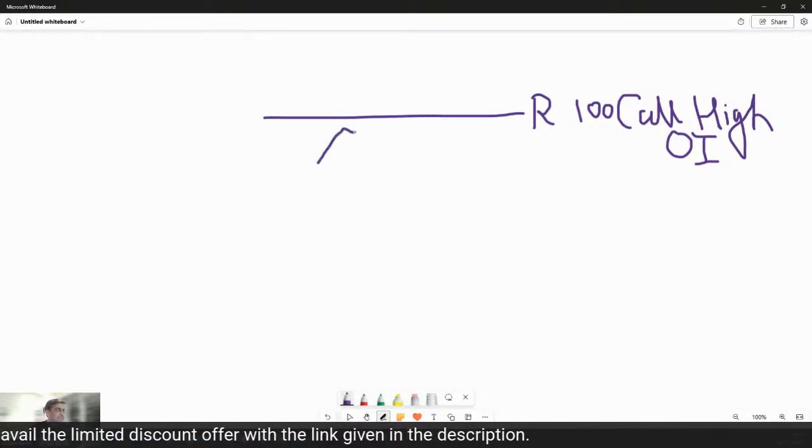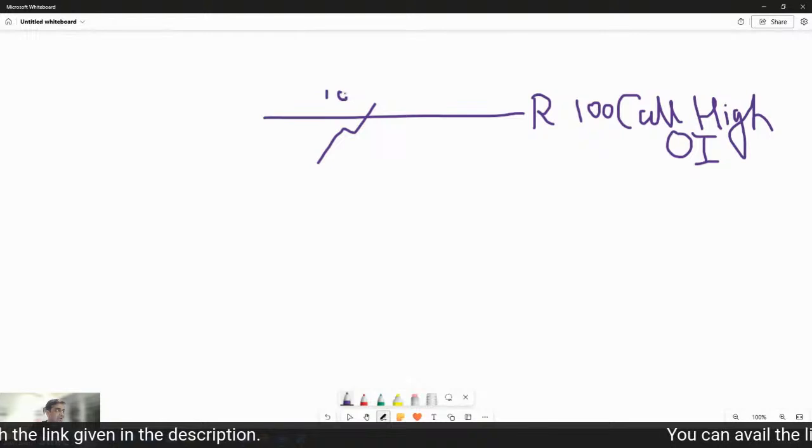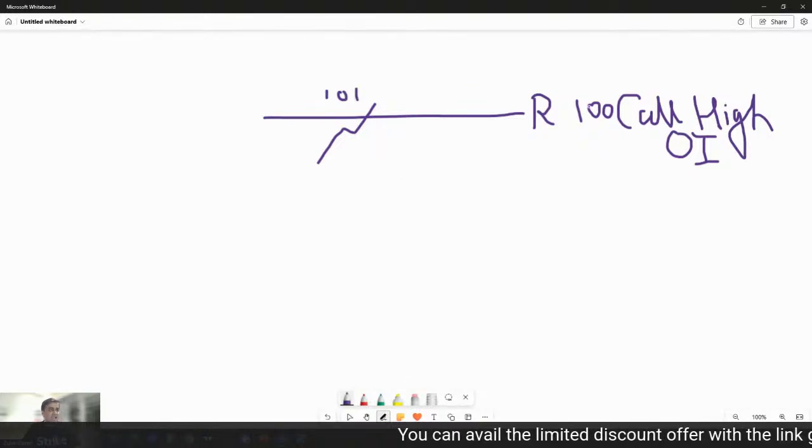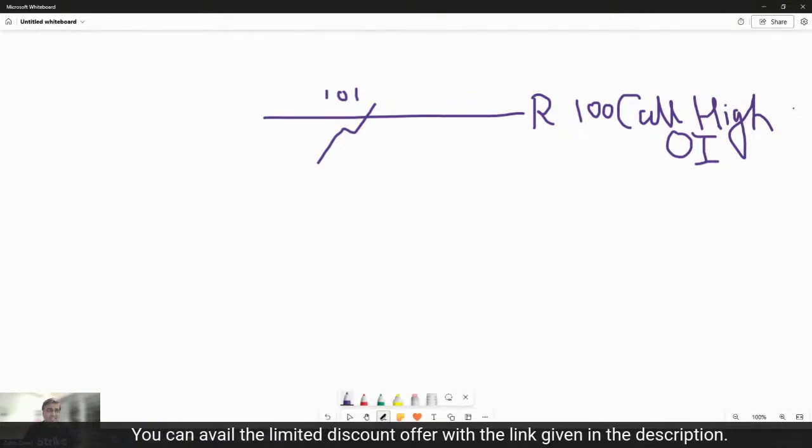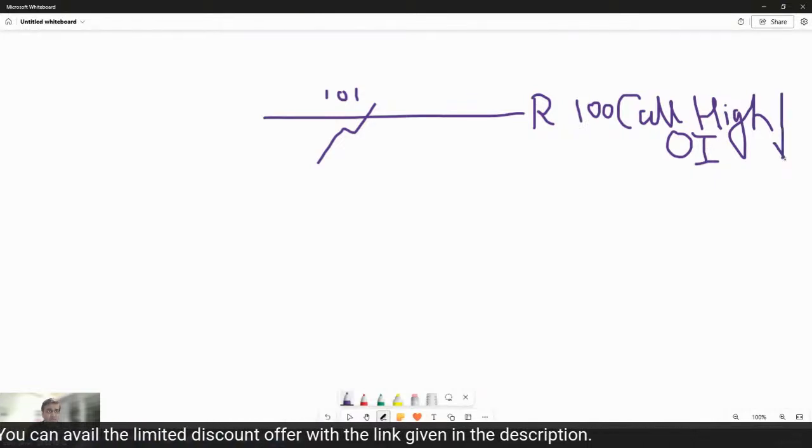Now when the prices are a little bit above 100, so let's say the prices are now trading at 101. What we want is that at this 100 strike, where the OI is highest, there should be a double digit reduction in OI.